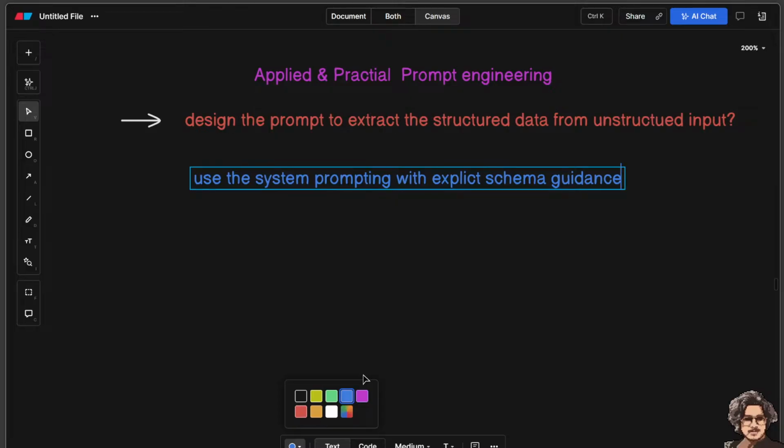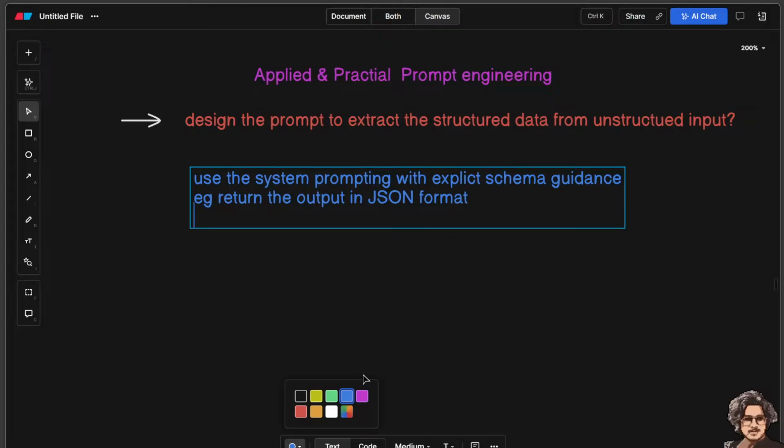We can set our model to return the output in JSON format. You have to give instruction to our model about the structure; this is system prompting. And provide a schema and clear examples.